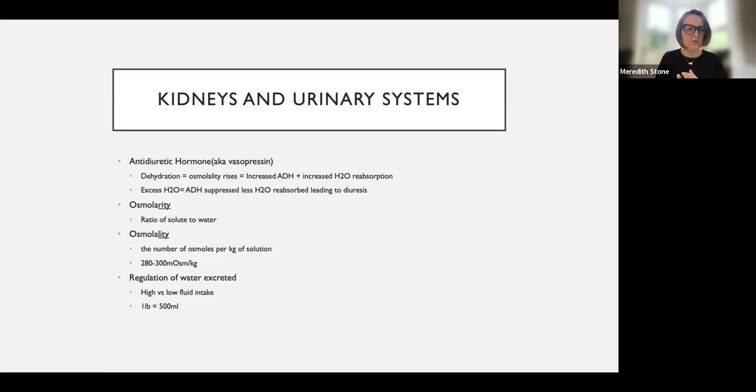And again, I do not want you to memorize this, but the kidneys are going to help us regulate how much water is excreted, okay? And how do we do that, right? I just said that 1 pound equals 500 mLs. There are several ways that the kidneys help to do this, but antidiuretic hormone is extremely important, right?